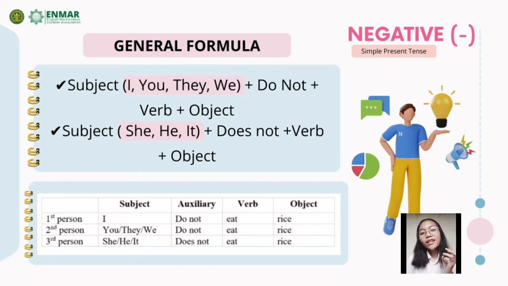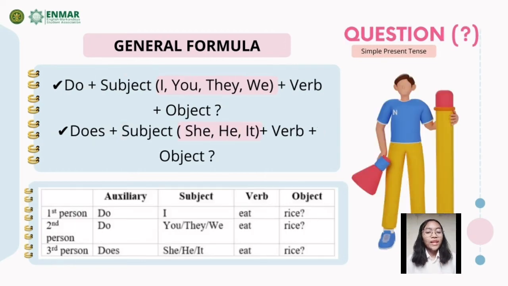About the third person, she, he, it, the auxiliary does not, verb eat, and object rice. About the sentence, she does not eat rice, he does not eat rice, it does not eat rice. In the next material, the general formula in the question form of the simple present tense.